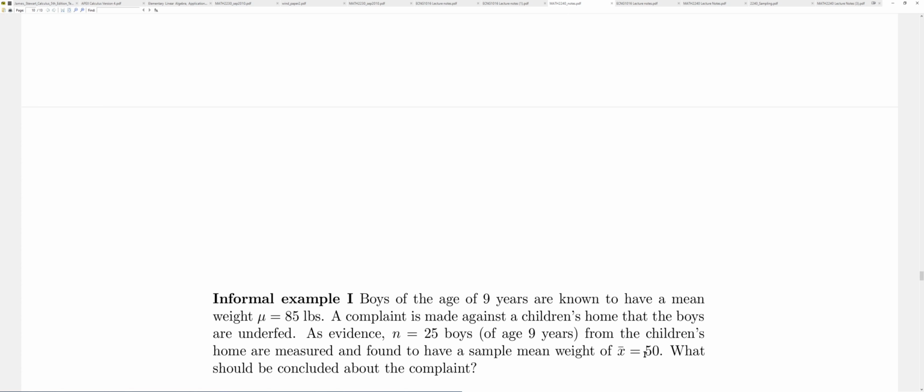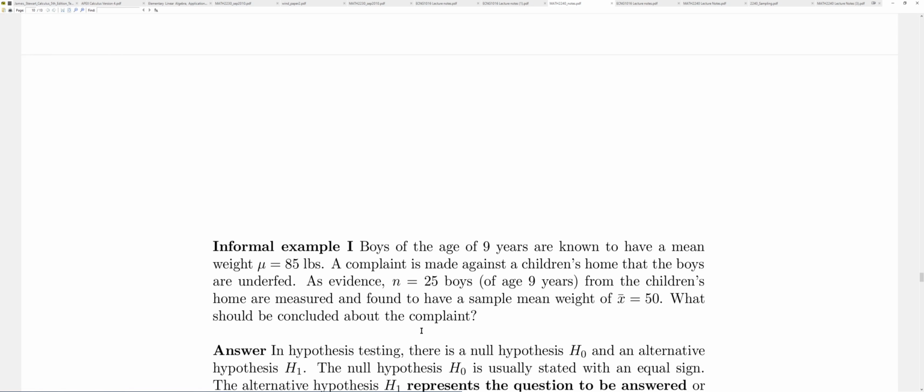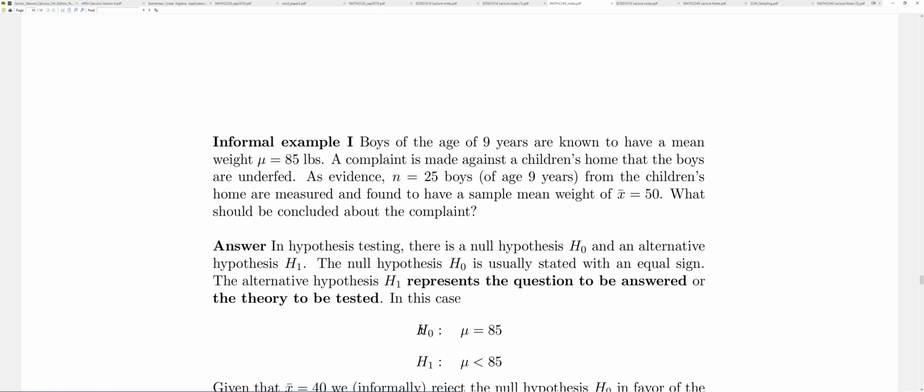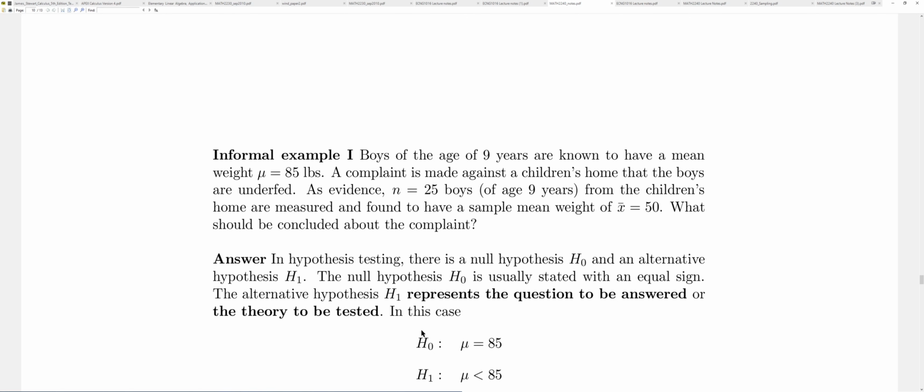So you see that the 50 is very significantly less than the 85 pounds, so there is validity in the complaint that the boys are underfed. That's really just looking at it logically, but let's introduce the notation that we would use in hypothesis testing.